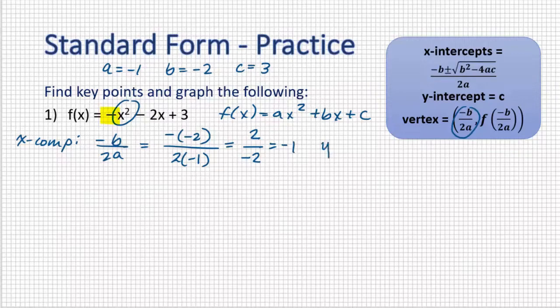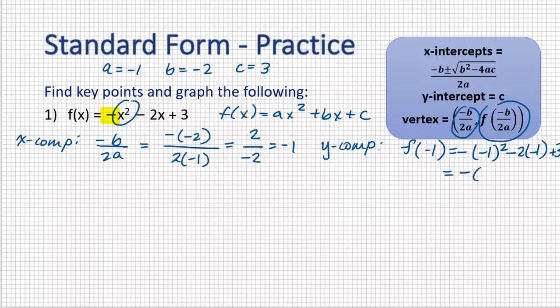Now to find the y component of the vertex, we're told to evaluate the function at negative b over 2a. Well, we know the value of negative b over 2a. We just found it. So we're going to evaluate the function at negative 1. That gives us negative 1 squared minus 2 times negative 1 plus 3.